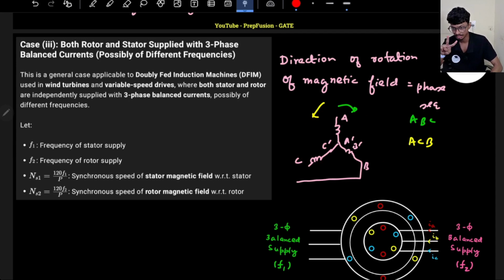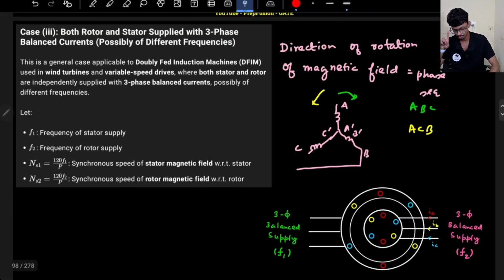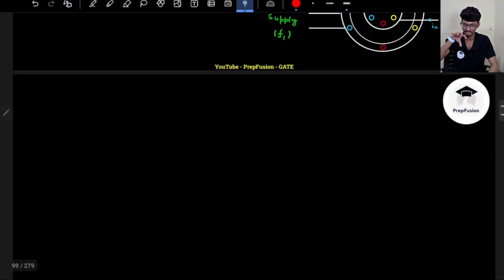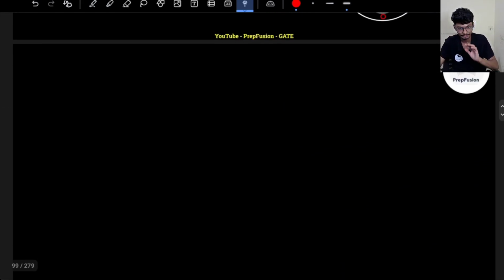So there can be two cases here. In case 1, the phase sequence is the same for both the stator and the rotor. Whatever phase sequence is there for the stator windings, the same phase sequence is followed for the rotor windings. So it has a sub case over here.